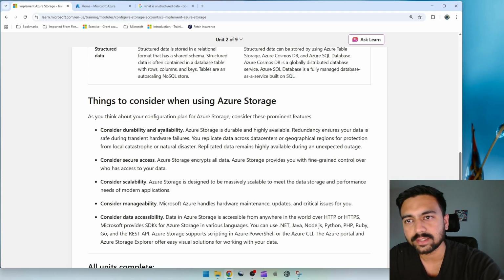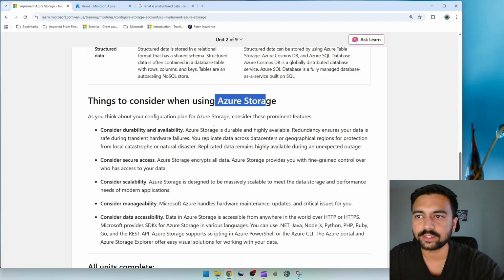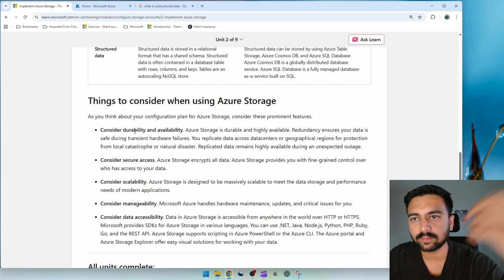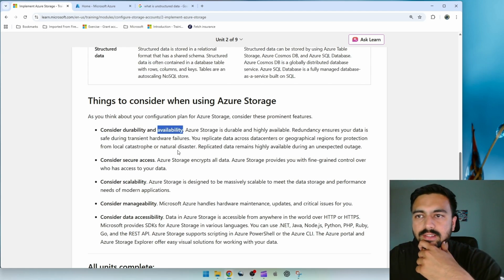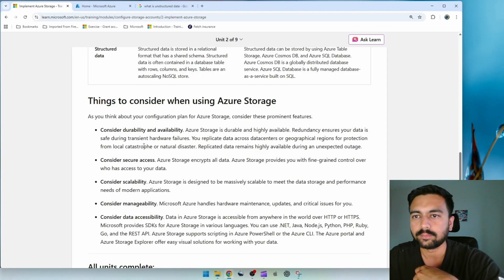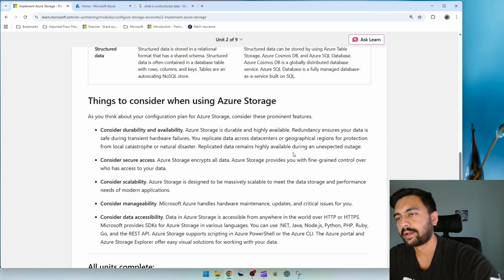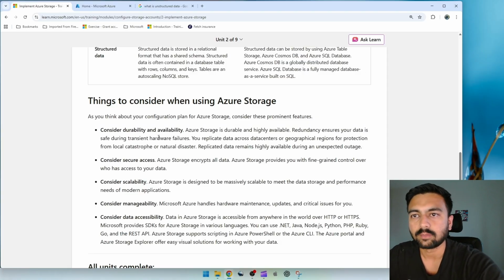So when a hardware failure happens, Azure Storage makes sure that your data is durable and available. What does availability mean? In cases of a local catastrophe or natural disaster, your data is replicated across different data centers and regions, and that's why it's always highly available.